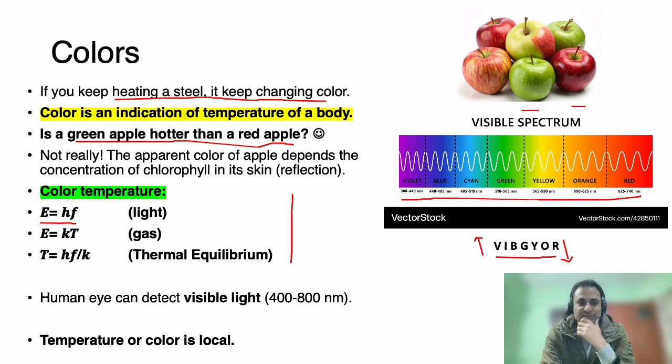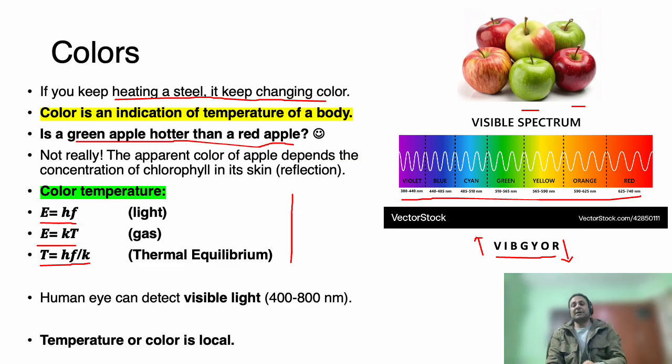For a gas, the energy is E equal to kT, where T is the temperature of the gas. If you make them equal, because this is E and this is E, you can define that the temperature and the color are correlated like this. So the frequency and the temperature are correlated. Of course, this is only if you assume that there is an equilibrium between the light and the gas.